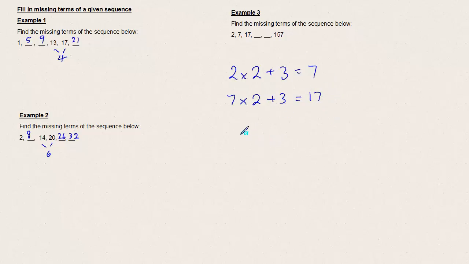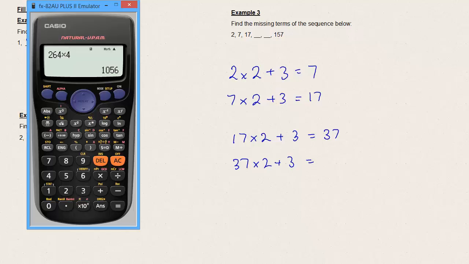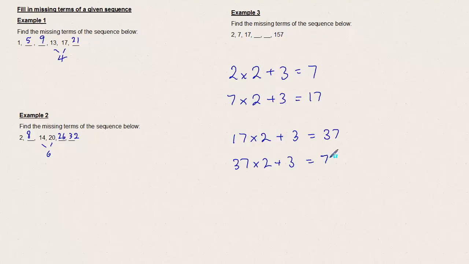So let's give that a go. 17 times 2 add 3, so that's 34 add 3 is 37. 37 times 2 add 3, so we might need a calculator for some of these. 37 times 2 and add 3 gives us 77.